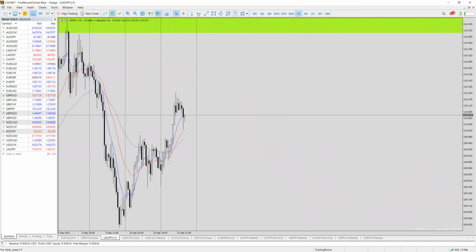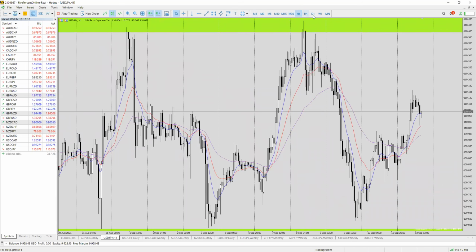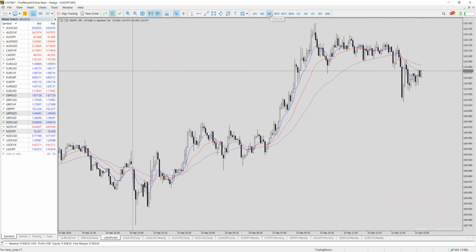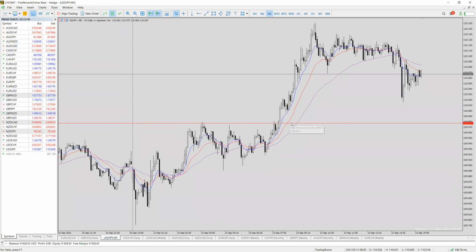So in pairs where the trend is not clear, just look for the short-term trends on the short time frames, but be quick to cut your losses and be quick to take your profits. Another example, 5-minute chart. You can see that it's been broken. Here it's not even retested. It would be perfect if it were retested.